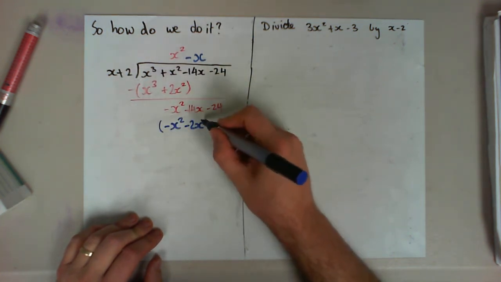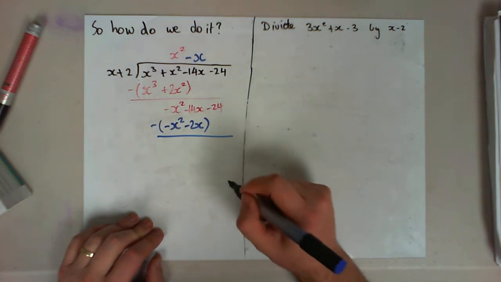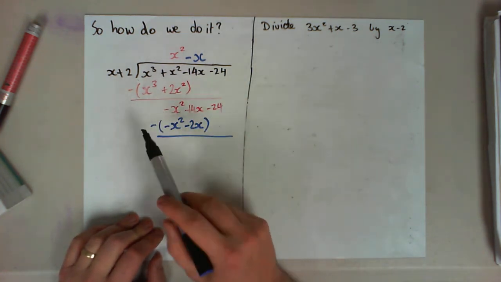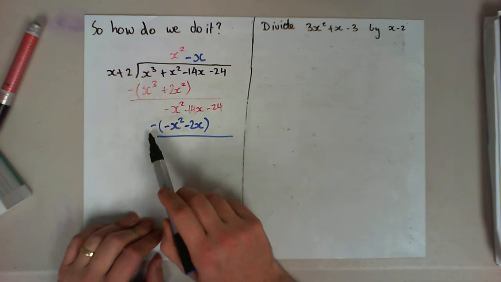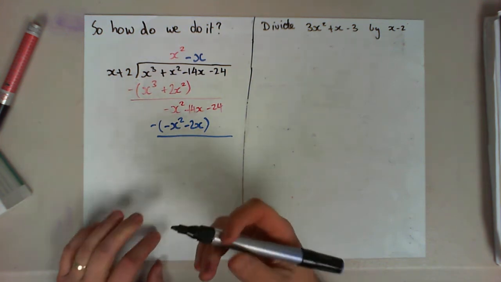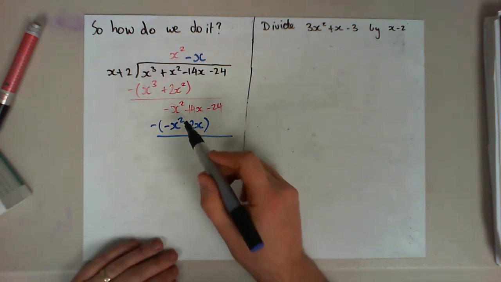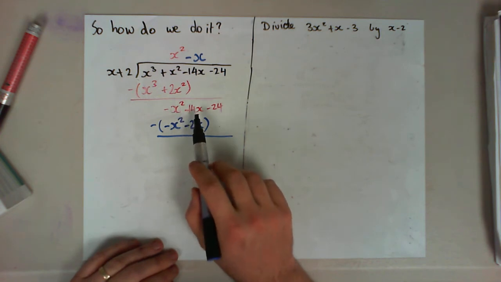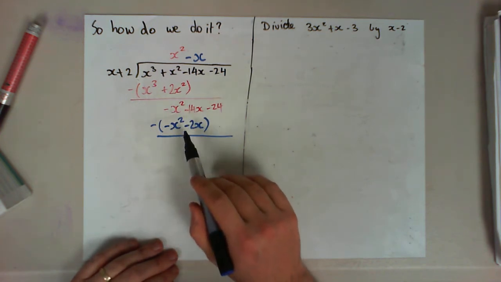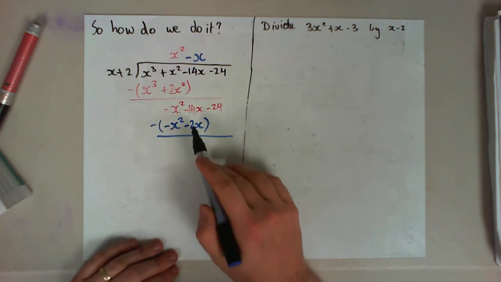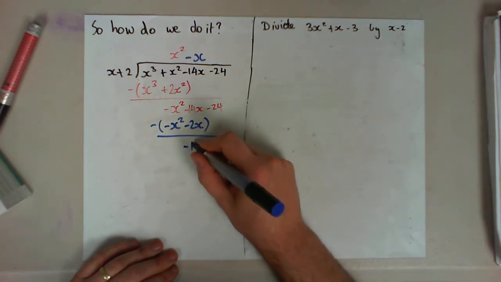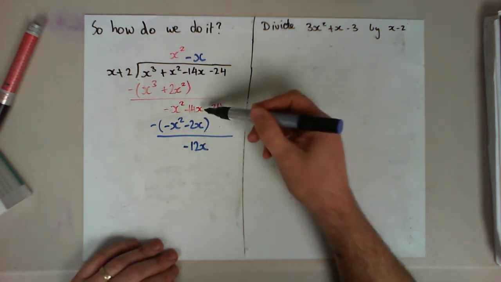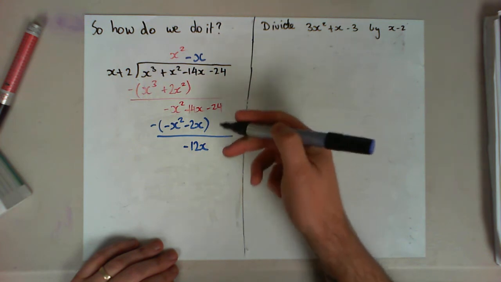Bracket, bracket, take away, line underneath. Do the subtraction. Negative x squared take negative x squared will give us 0. Again, that's the whole point. If it didn't, we're in trouble. Negative 14x, take negative 2x, so we'll be adding 2 on, will give us negative 12x. This negative 24 we haven't used yet, so bring it down.